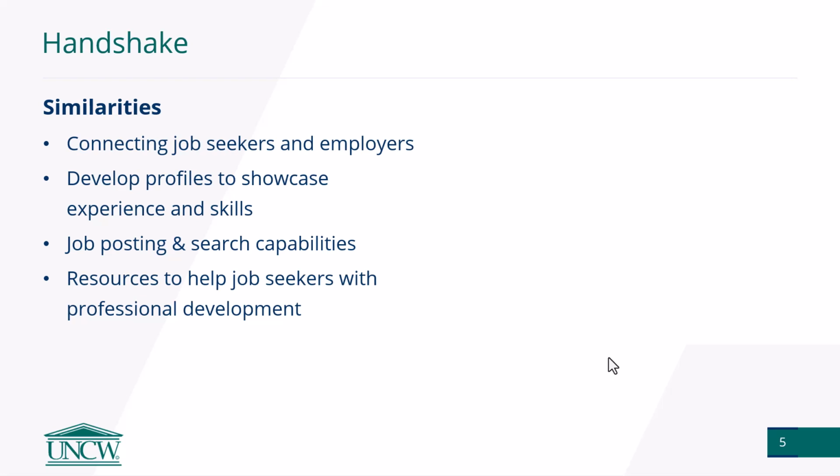This is a way for people to find you first. So you need to develop your profile to showcase your experience and skills. It's a site where you can do job posting searches, and you can create a job alert in this as well. But obviously, it's to help job seekers find positions. And there are also resources in Handshake to help you with your development in job search.